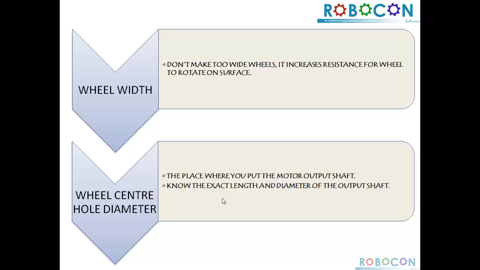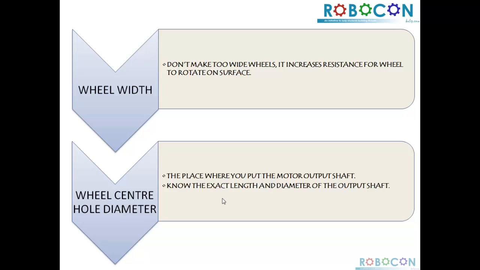Wheel center hole diameter is the place where you put the motor output shaft. Know the exact length and diameter of the output shaft. If you do not know that, you will end up not placing the wheel correctly on the shaft, or the shaft passing completely through the center hole of the wheel.